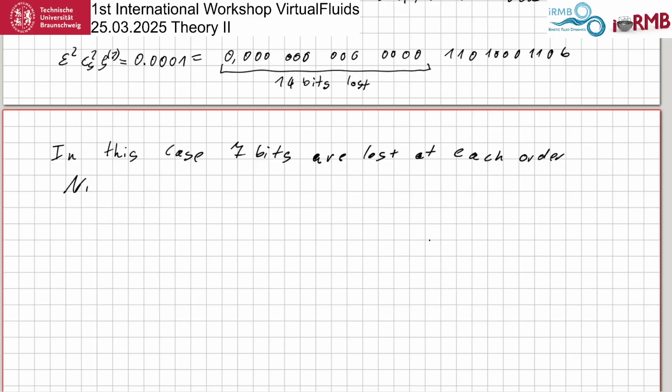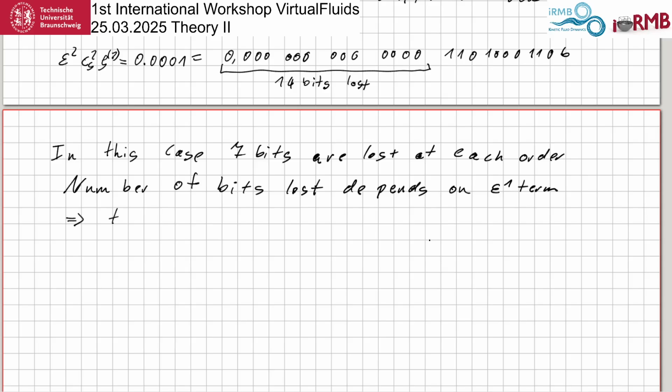And the number of bits lost depends on the epsilon 1 term and how it compares to the epsilon 0 term.